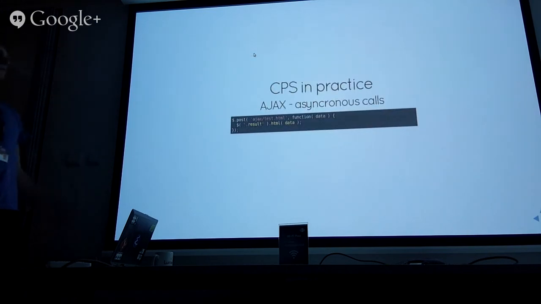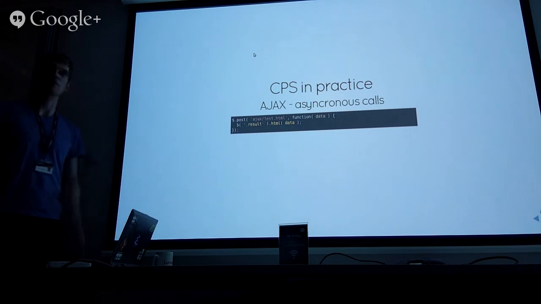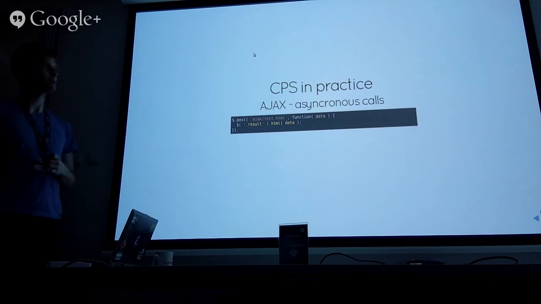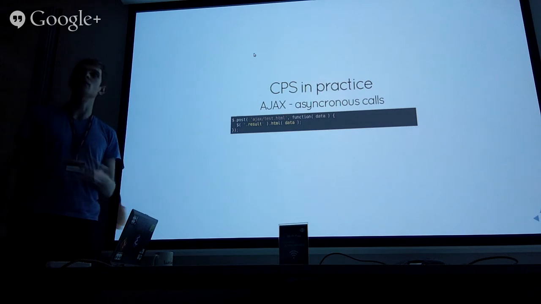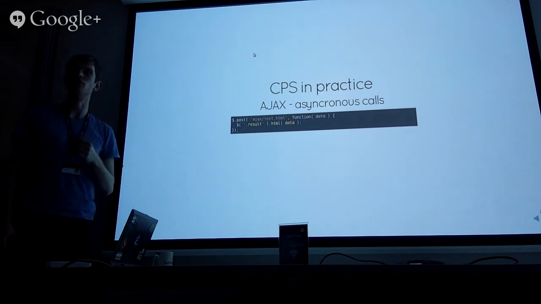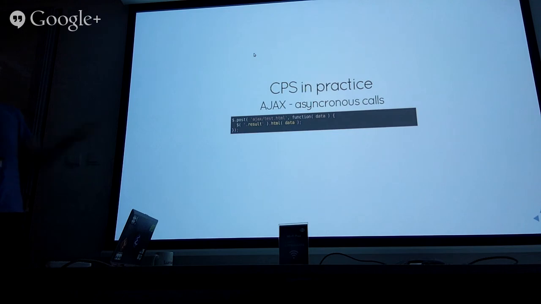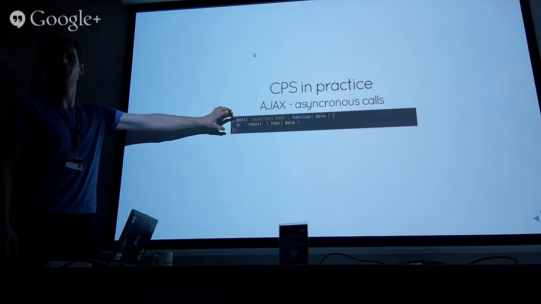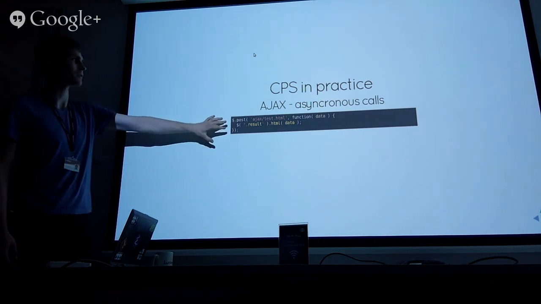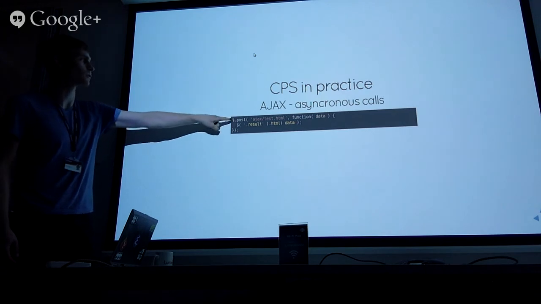So, where do we use continuation passing style in real life? Actually, we use continuation passing style in asynchronous calls, for example in JavaScript, when you have some site and you want to make an Ajax request, get some data from it and do some stuff. This is basically taken from the jQuery tutorial and documentation for the post function.